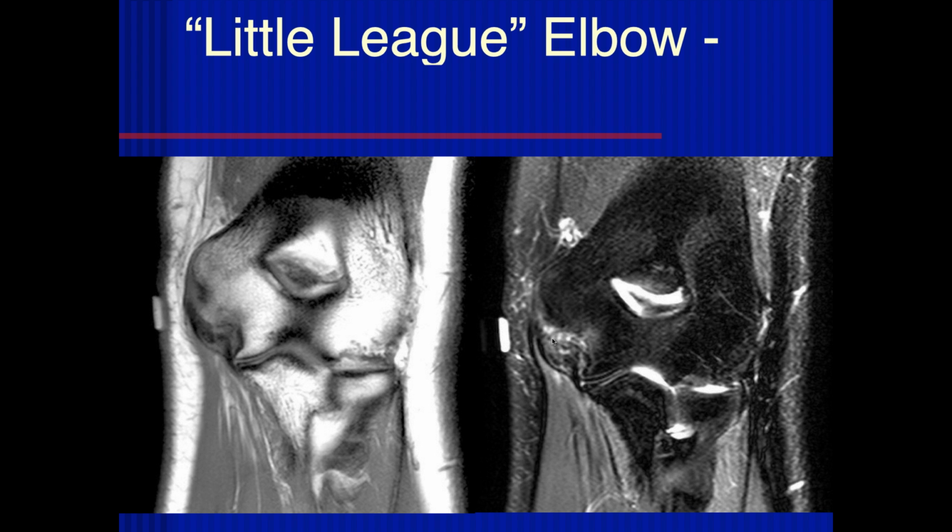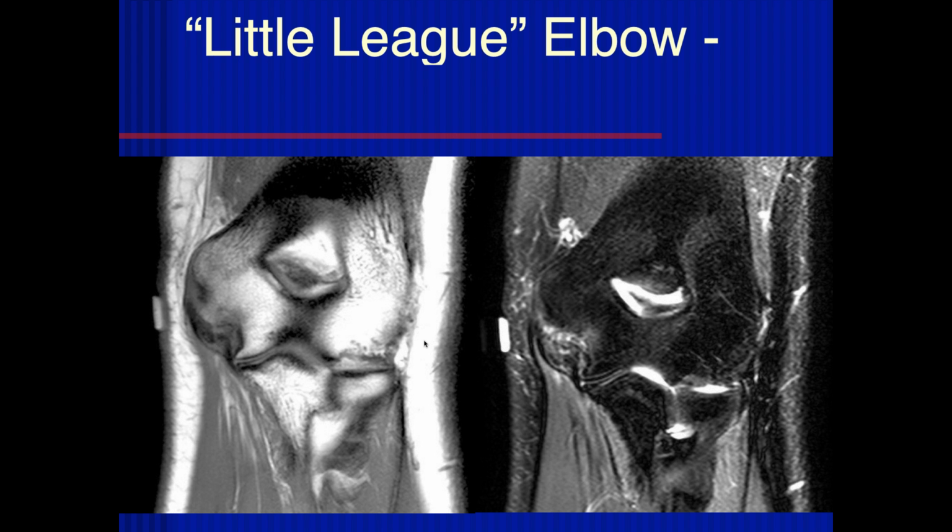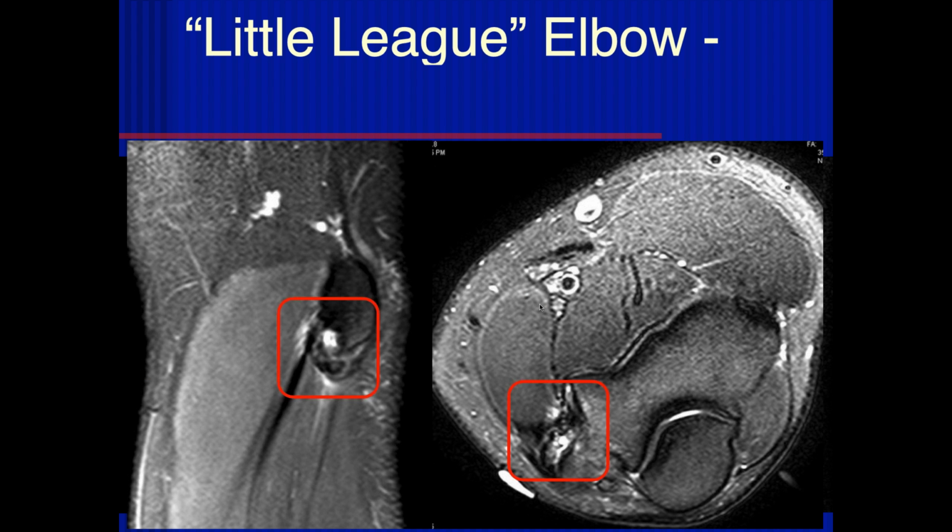So at least partial tear, or sprain of the ulnar collateral ligament, and it looks like there also might be a partial tear of the common extensor as well. I mean, common flexor. Sorry. Mm-hmm. Maybe some tendinosis there. Well, I don't know what you mean by that.